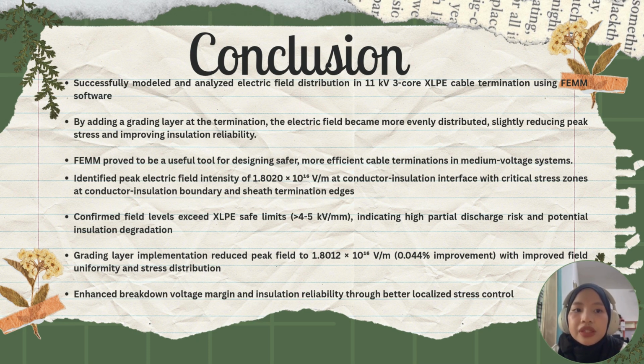We also confirm the field level exceeds the XLPE safe limits, which is 4 to 5 kilovolt per millimeter, indicating high partial discharge risk. Also, this study enhanced the breakdown voltage margin and insulation reliability through better localized stress control.